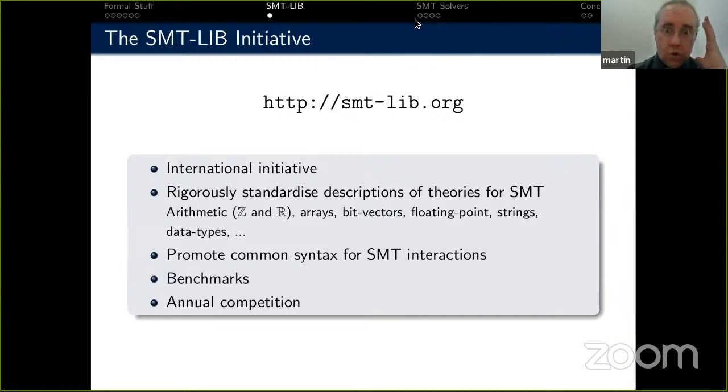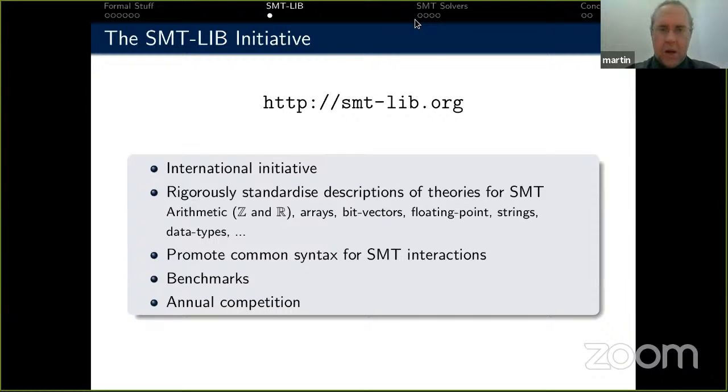We are incredibly lucky. I've worked in a number of other fields and areas of computing, and SMT is so blessed in this regard. It's amazing.